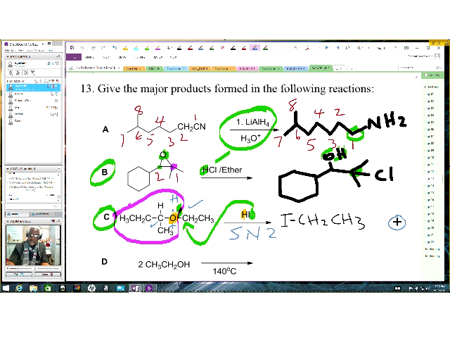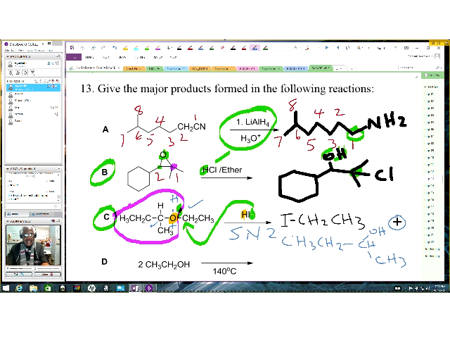And that is why they have this here, plus. So those are the two products you are going to get.